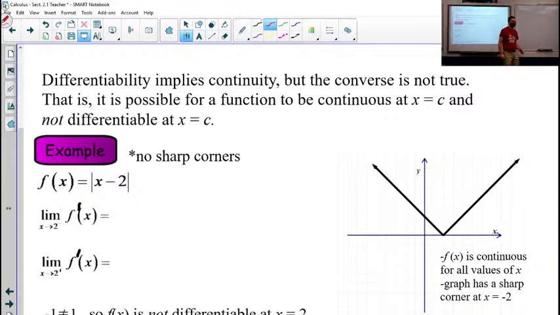So remember, the derivative is asking a question about slope. And since these are all straight line segments, you shouldn't have to do any calculations for this.